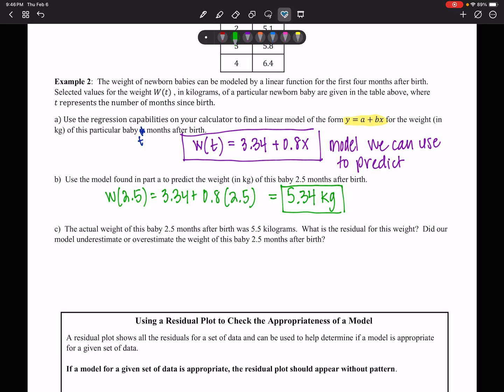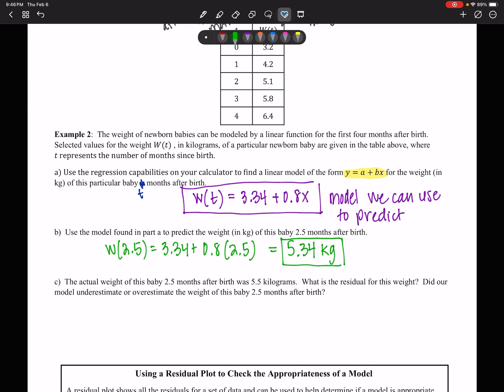Now, C says the actual weight of this baby 2.5 months after birth was 5.5 kilograms. The actual weight 2.5 months into the data is what I meant by into the data. 2.5 into the data is a 5.5. That's actual.